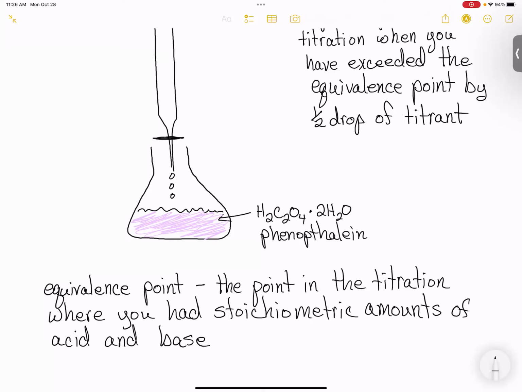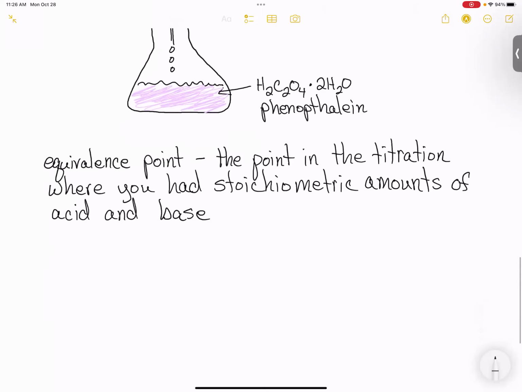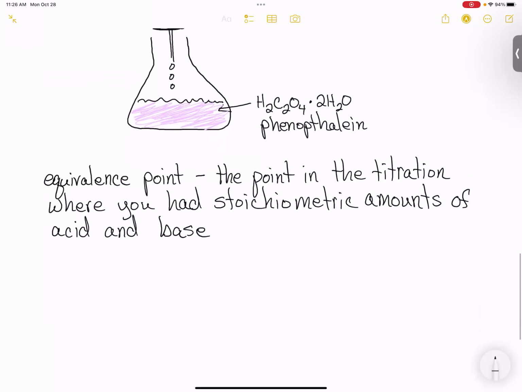Now, what we don't do in College Chemistry 1 is we don't look at what the addition of every little bit of titrant does to the overall pH. We obtain the endpoint.